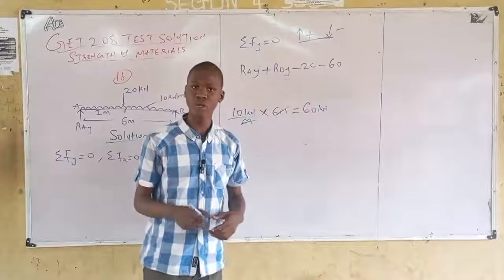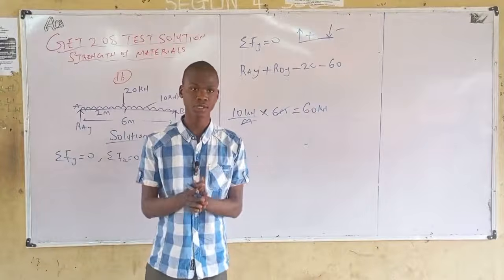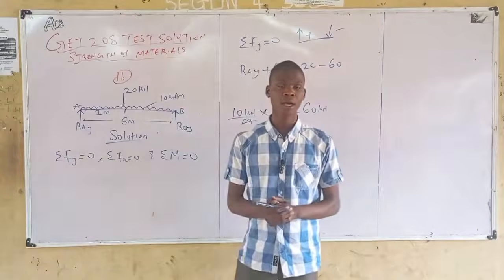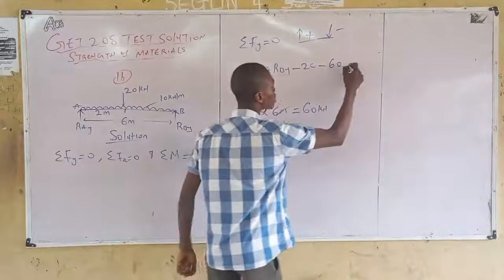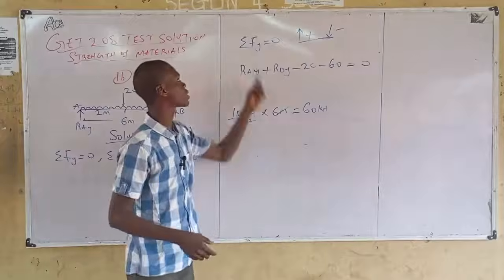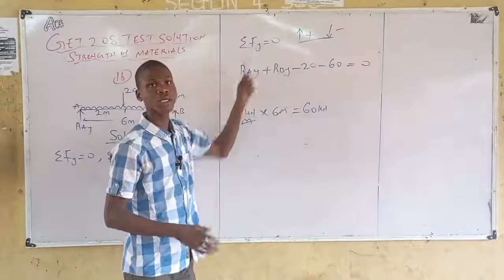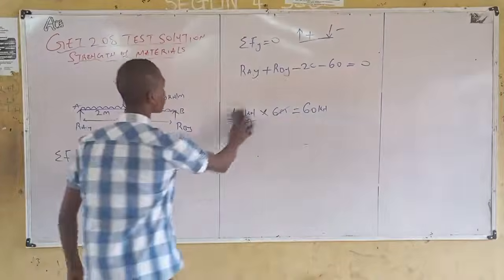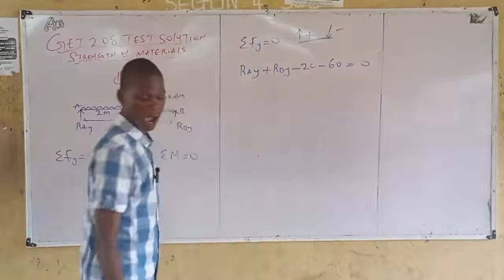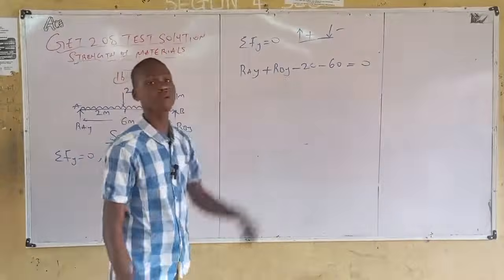Now, let me ask this simple question. Are we done with all the forces on this beam? Yes. Have I considered everything? Yes. Meaning, you can equate it to what? 0, since we said that the summation of vertical forces equals 0. Then from here, collect like terms. Make RAY and RBY the subject of the formula.